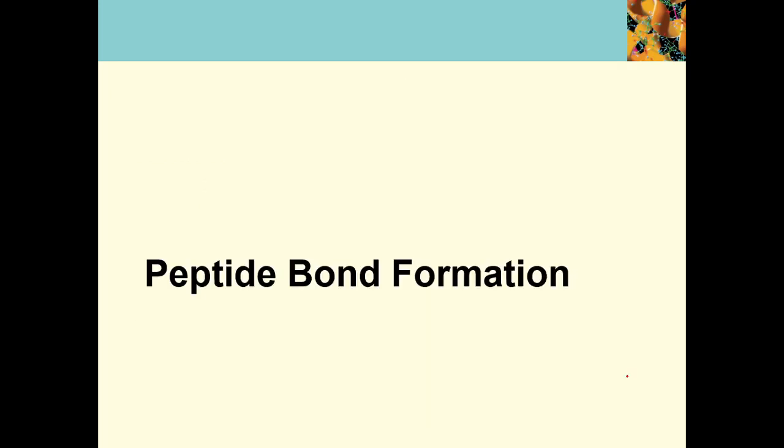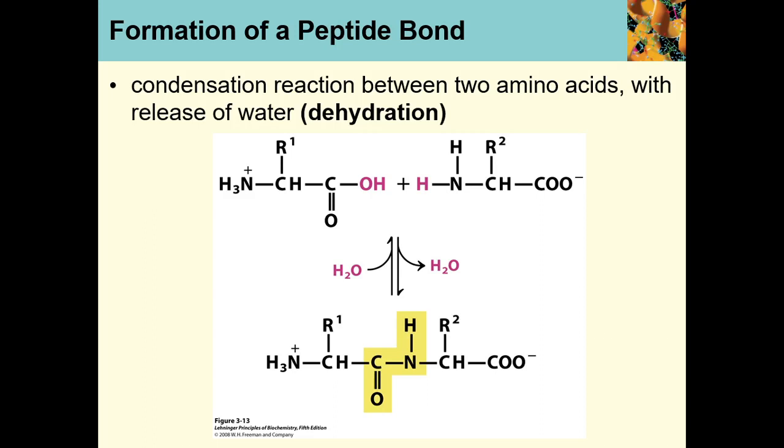Now for the main topic for today, which is all about peptide bond formation. So how do we form a peptide bond? Peptide bond formation is actually a condensation reaction. When I say condensation, you are merging two amino acids. It is a condensation reaction between two amino acids with a consequent release of water, and we call that dehydration.